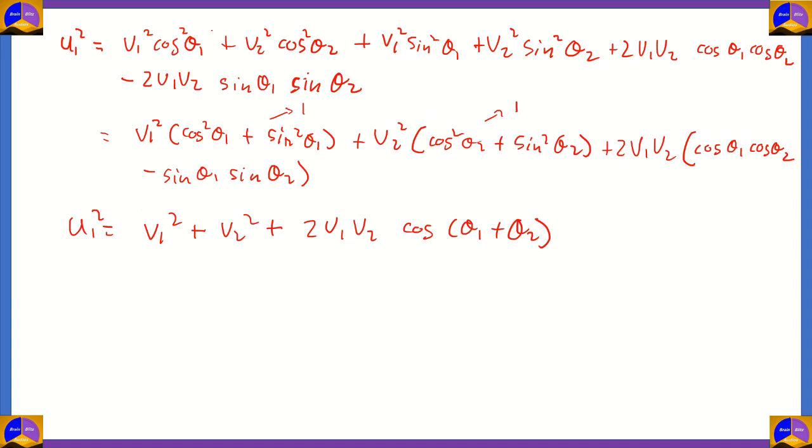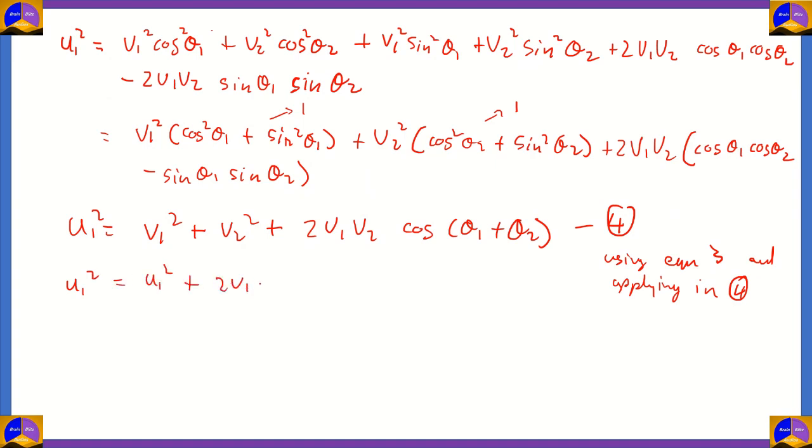Now, using equation 3 and applying it in equation 4, we get u1 squared equals u1 squared plus 2 v1 v2 cos of theta 1 plus theta 2.